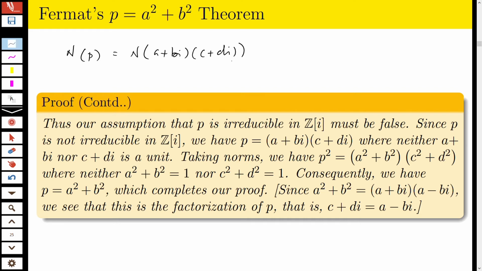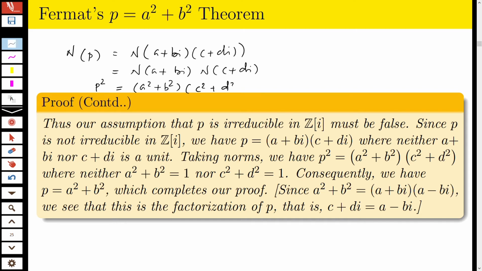So N(p) is p squared, N(a plus bi) is a squared plus b squared, and N(c plus di) is c squared plus d squared.